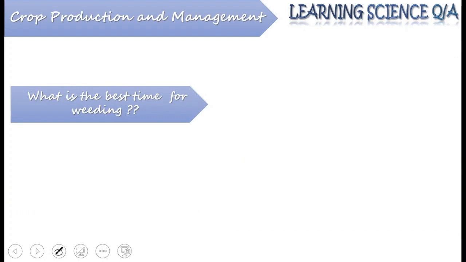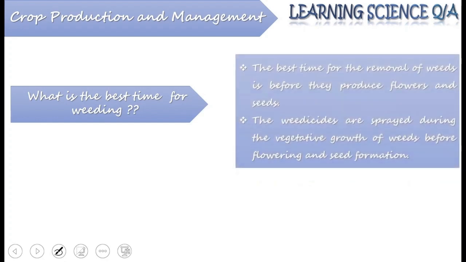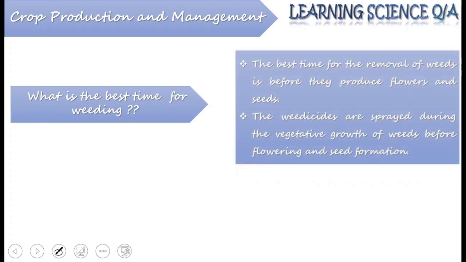What is the best time for weeding? Is it necessary to see the time if we want to take out these weeds from our field, or any time we can do it? So the best time for the removal of weed is before they have produced any flower or seed. That means you should not wait until weeds have produced flower or seed.